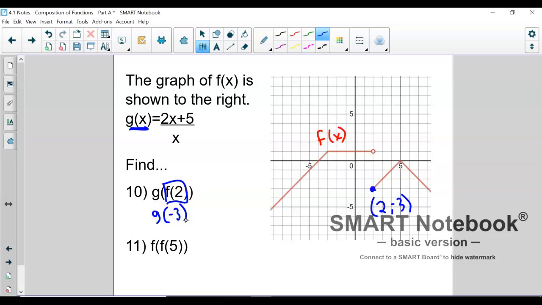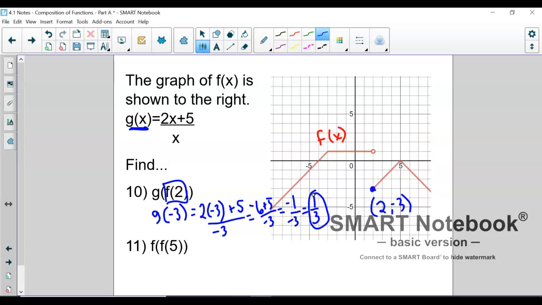So we're going to plug in negative 3 into that equation: 2 times negative 3 plus 5 all over negative 3. And that is going to give us negative 6 plus 5 over negative 3, which is negative 1 over negative 3, and so we will get positive 1/3 for that answer there.